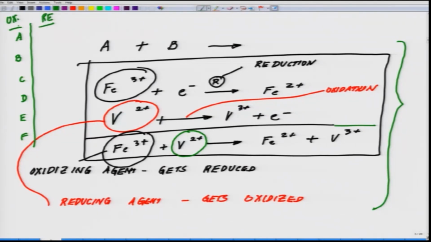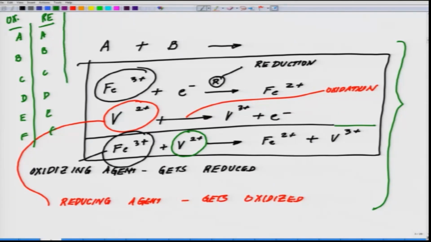So, you can say that A has more power to get oxidized than B, B has more power than C, and likewise. Similarly, for the reducing series, exactly that way you can set it, who has more power.